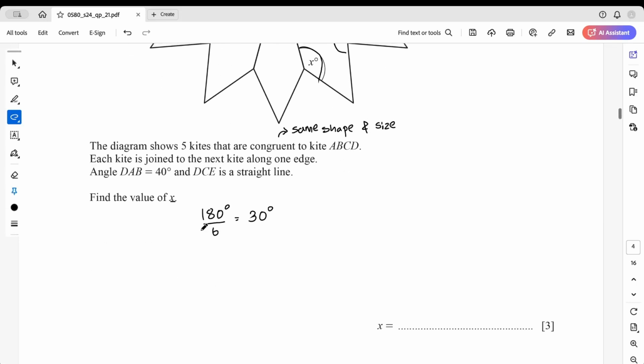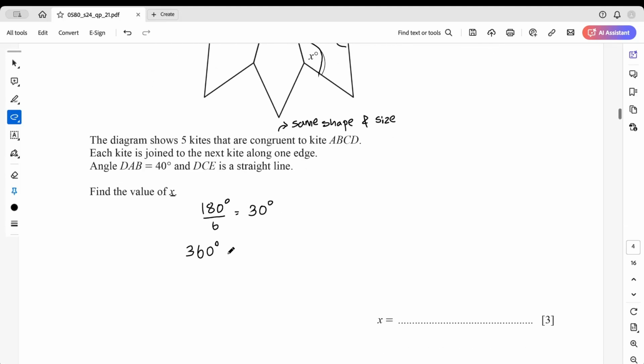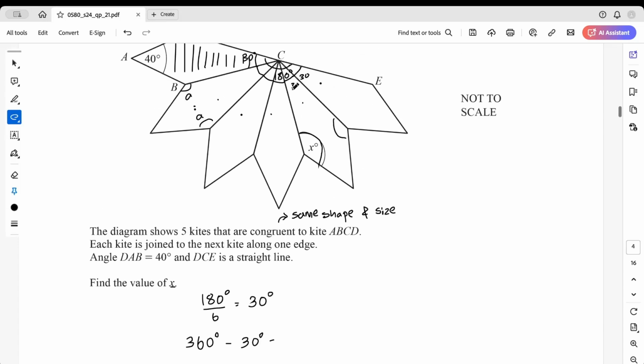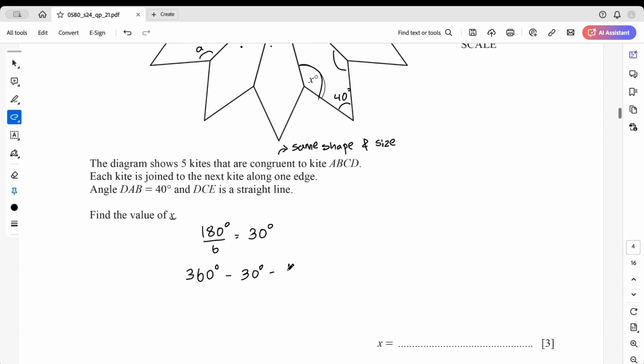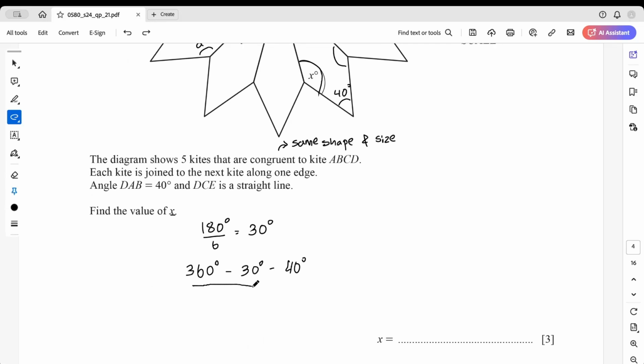To find that, we're taking 360 degrees, which is the sum of interior angles in a quadrilateral, subtracting off 30 degrees from one of these and 40 degrees from this end, and dividing all of this by 2 to find the individual angle of 1. That will give you an x value of 145.